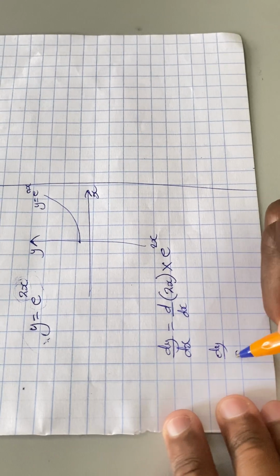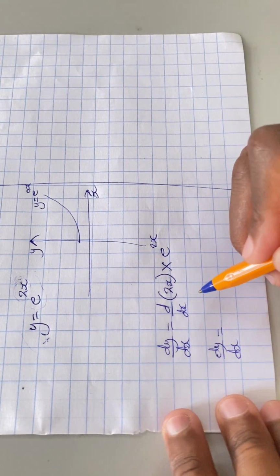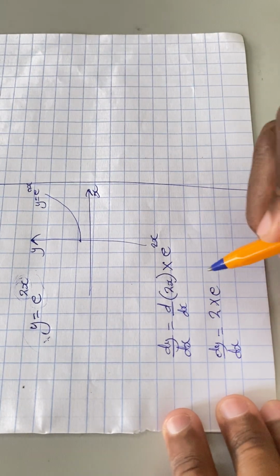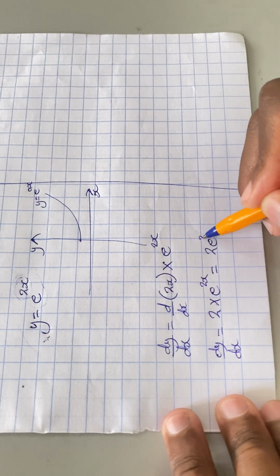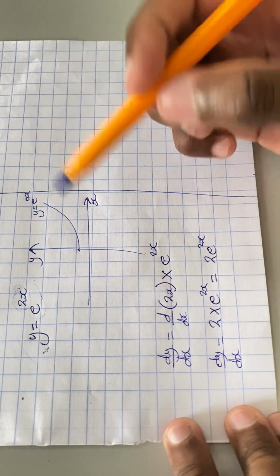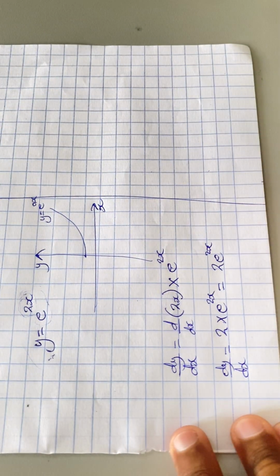The first derivative of 2x is going to be 2, times e to the power 2x, which is equals to 2e to the power 2x. So that's just the concept of finding the first derivative of an exponential function.